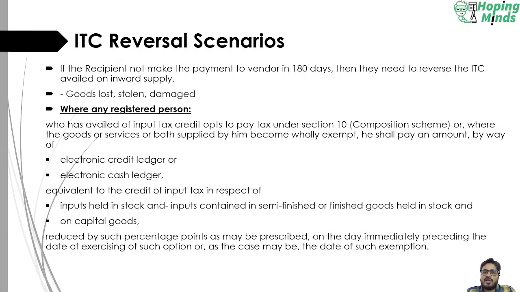The amount shall be equivalent to the credit of input tax in respect of inputs held in the stock and inputs contained in semi-finished or finished goods held in stock. Also, any inputs held in the capital goods as on the date of such opting is required to be reversed.